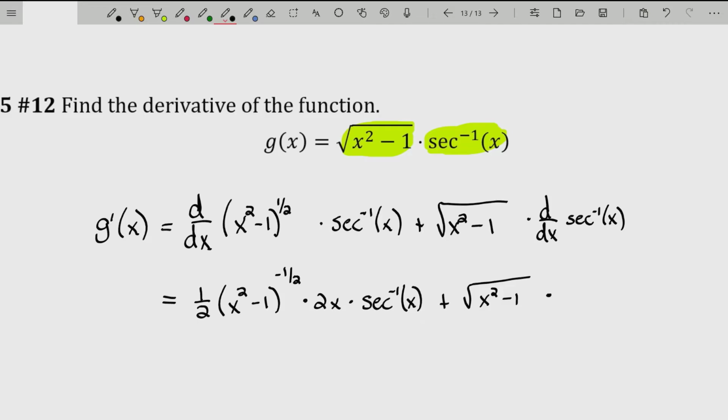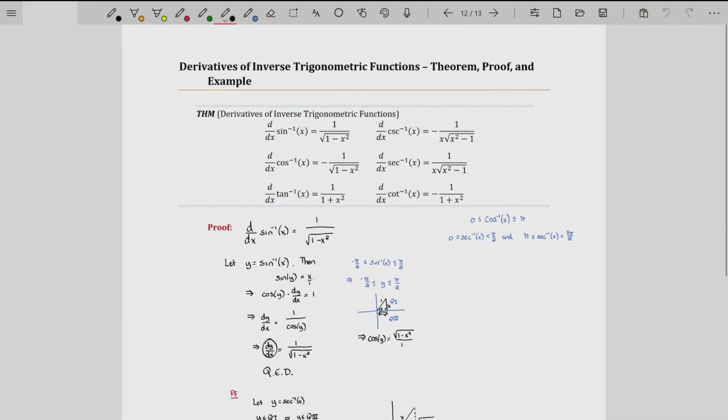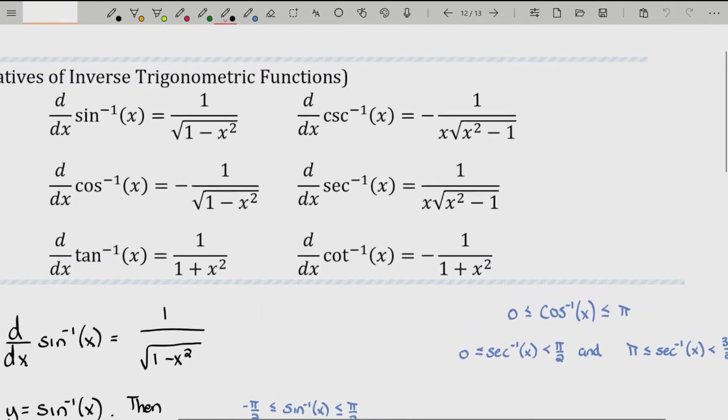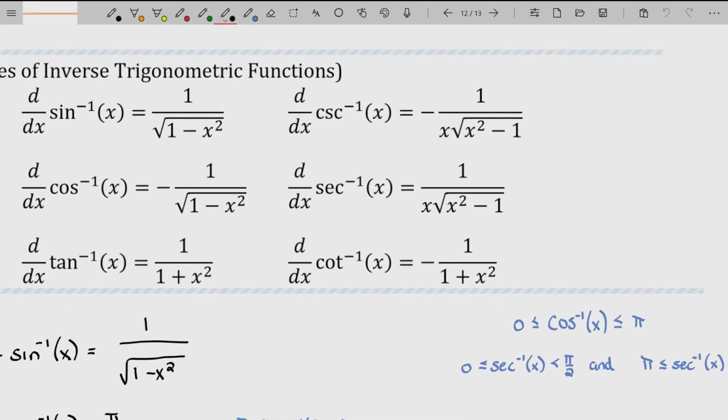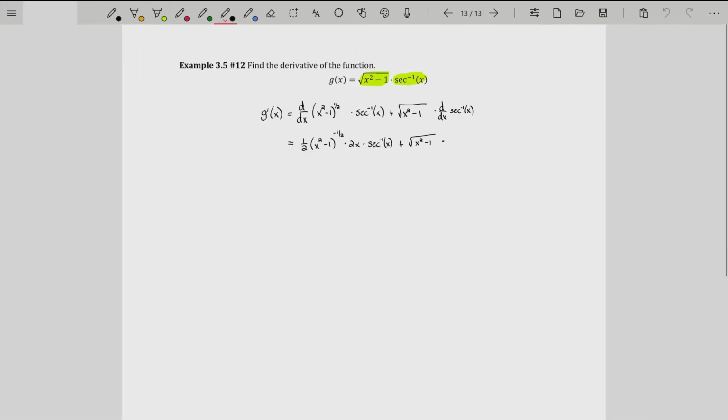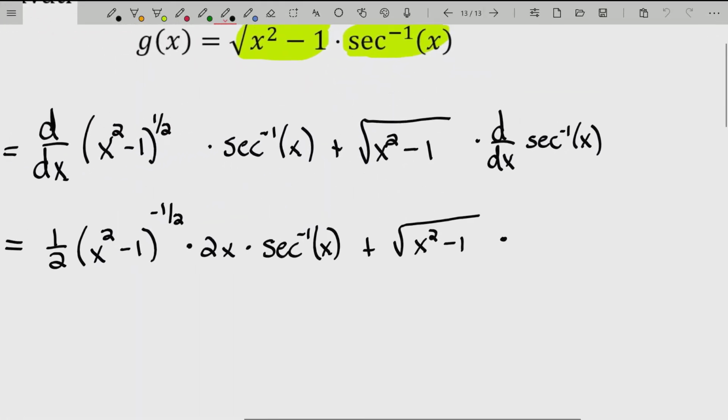It's so new to us, we should probably look at it really quickly, so I'm hopping back so you could see it. The derivative of the secant inverse is 1 over x times the square root of x squared minus 1. Even though we just proved it, I just had to look that up.